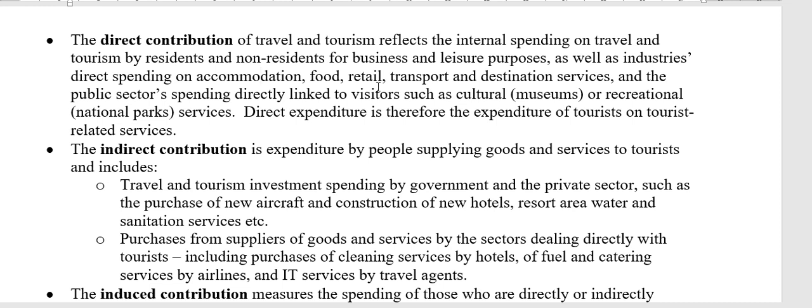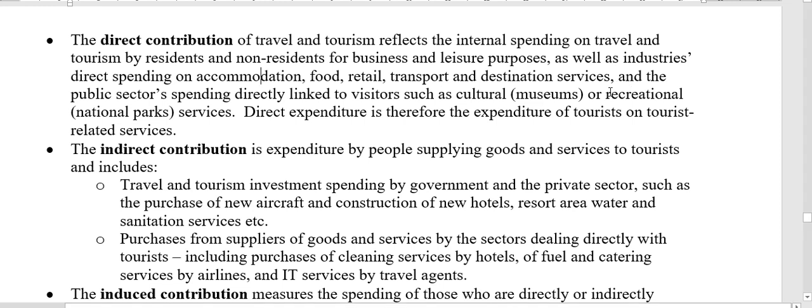Retail is commercial services, buying and selling. Any money that they spend on transport, so their aeroplane tickets, what they spend on Uber, taxis that they might make use of, any transport services that they spend on, and any destination services.